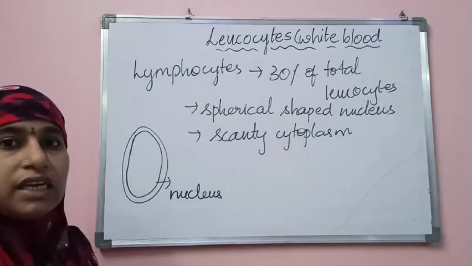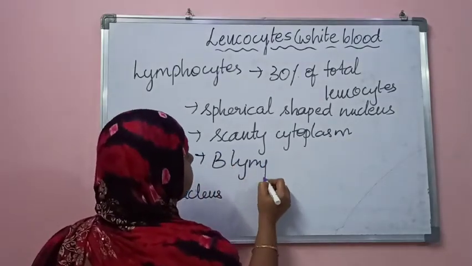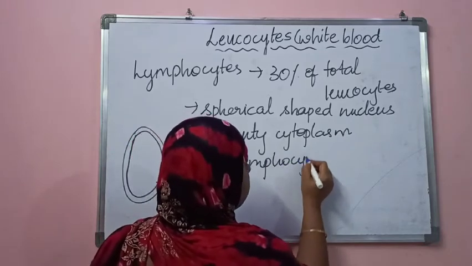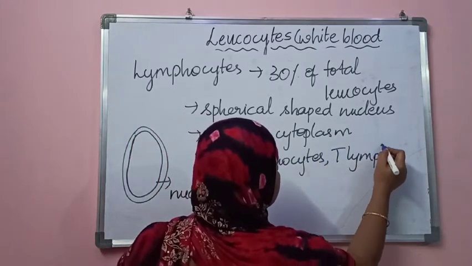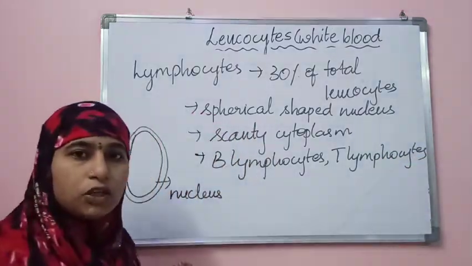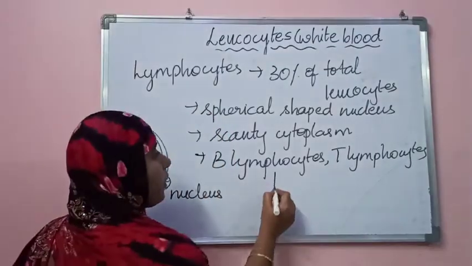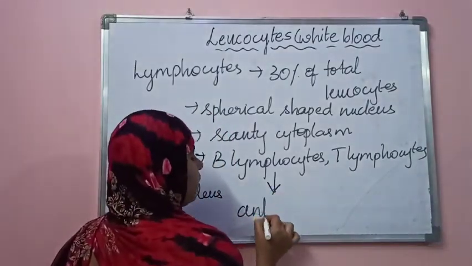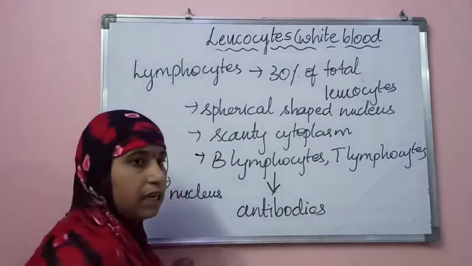We already said that the lymphocytes are divided into B lymphocytes and T lymphocytes. What is the function of the B lymphocytes and what is the function of the T lymphocytes? The B lymphocytes are helpful in the production of the antibodies in our body.